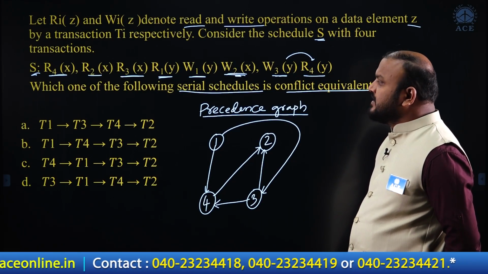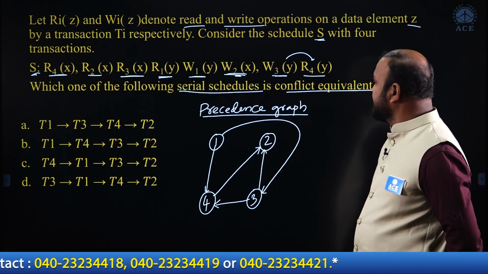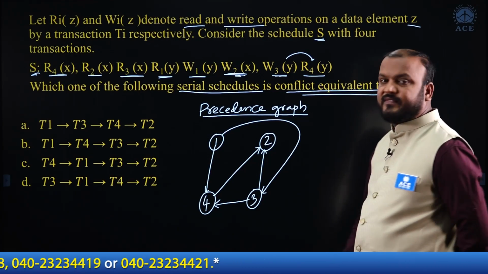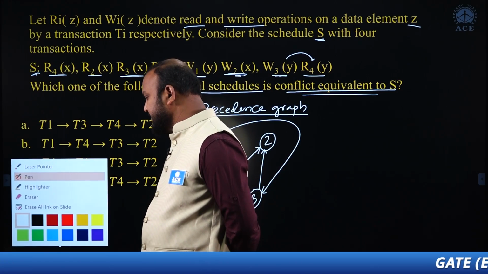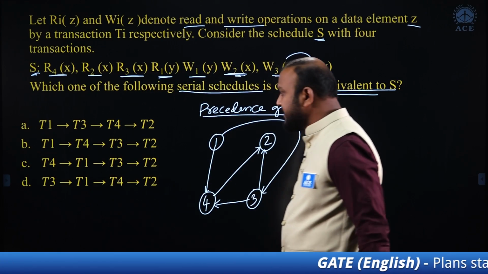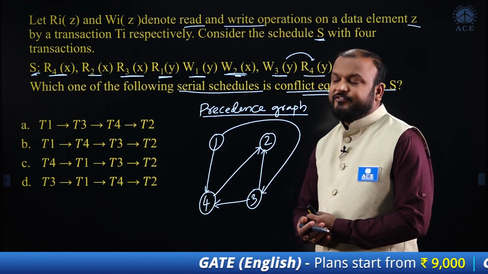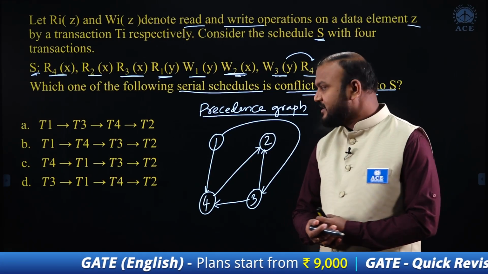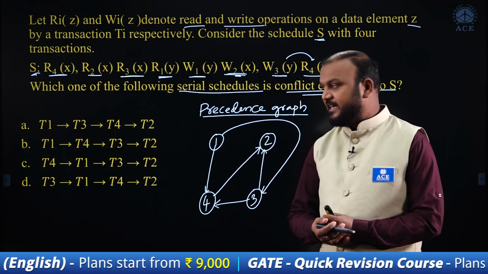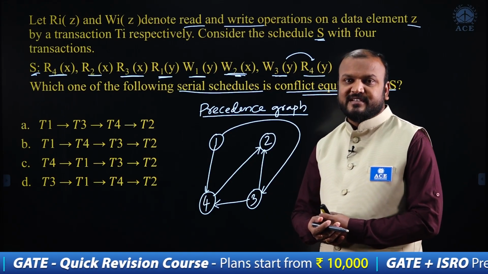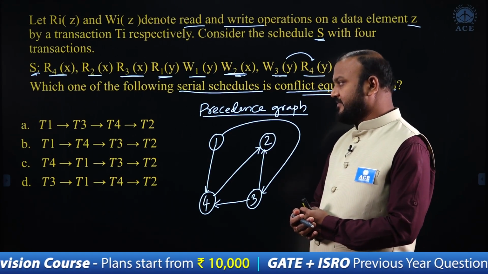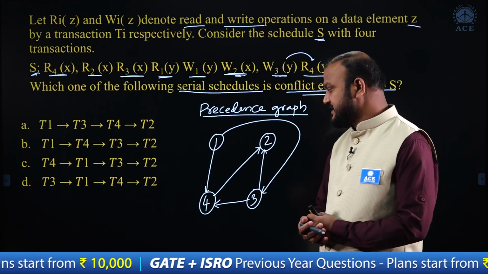Now the question is, which of the following serial schedules is conflict equivalent to S? Now how do we find which is conflict equivalent to S? As you know, we have to perform a topological sort on the precedence graph to find the serializability order. That is one solution. But what I recommend is, whenever options are given, better to check with the options.